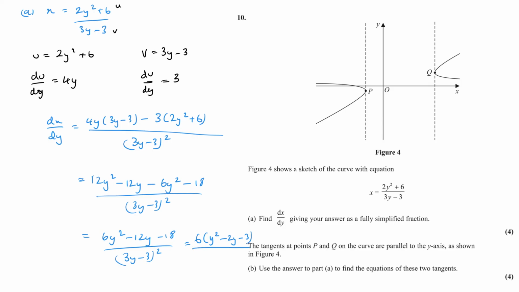And the bottom one, I can take the 3 out, but it's squared, so I'll be taking out 9. Y minus 1 squared. So I'm just taking 3 out of both of these, but it's 3 squared coming out. So this is going to simply be dividing top and bottom by 3. And that is then all we can probably do to this. So 2y squared minus 4y minus 6 over 3y minus 1 squared.